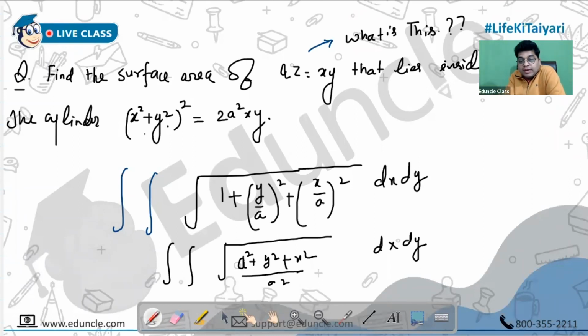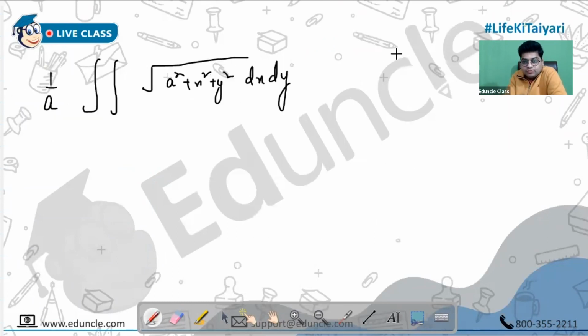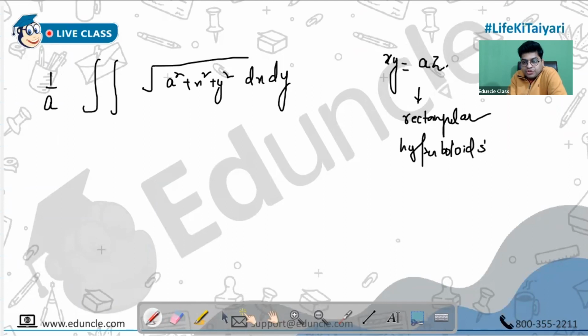So what is this? xy is equal to az, rectangular hyperboloid sheet.